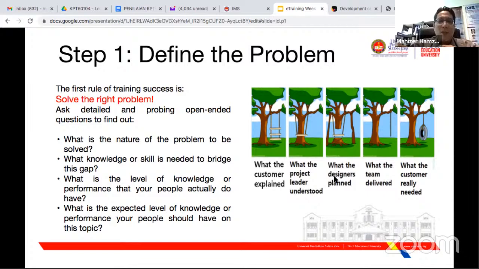And then what is the level of knowledge or the performance of the people? Apa yang dia tahu dan juga mungkin level pengetahuan juga menentukan macam mana bentuk training yang sesuai. Maybe when I was in the university, I have no problem reading a book because that was the thing that we had at that time.